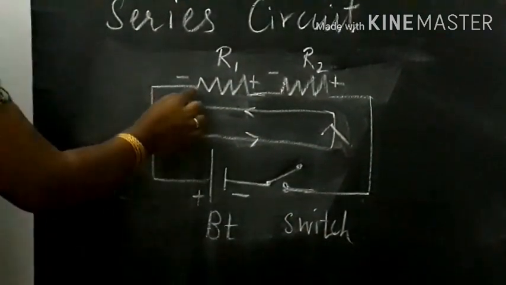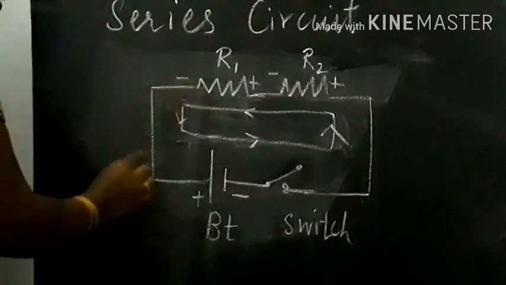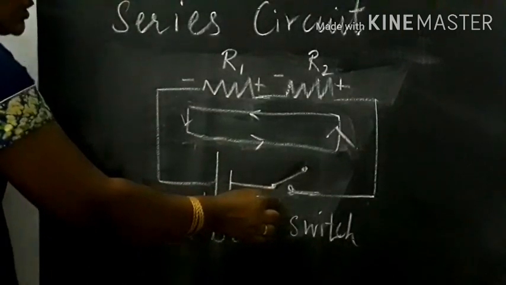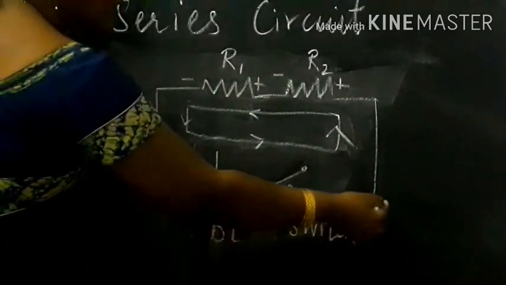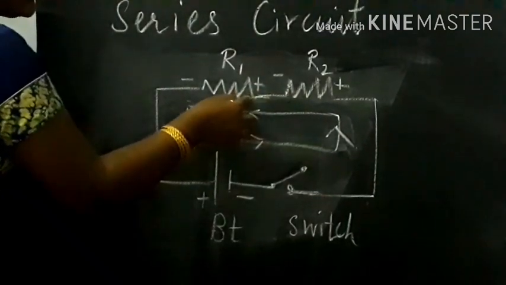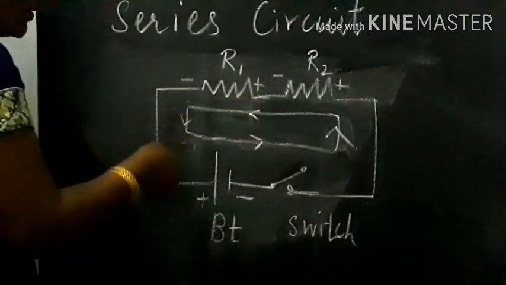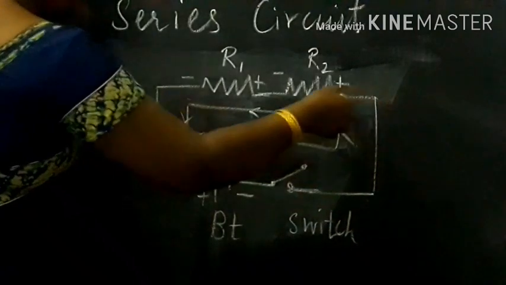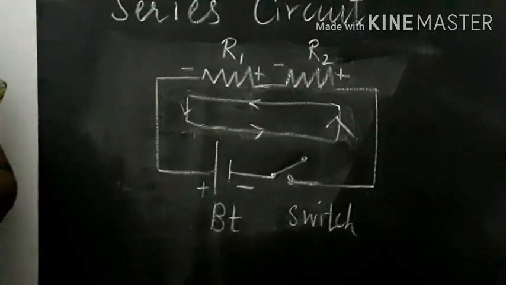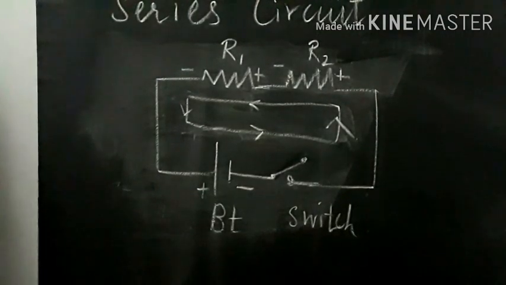See here, this one terminal is connected with the other terminal of the battery. Then the next terminal is connected with the switch. The other terminal of the switch is connected with this terminal. And here the terminal of R2 is connected with the other terminal of R1. So it is following a single path, forming a loop, and there is only one path for the flow of electric charges.